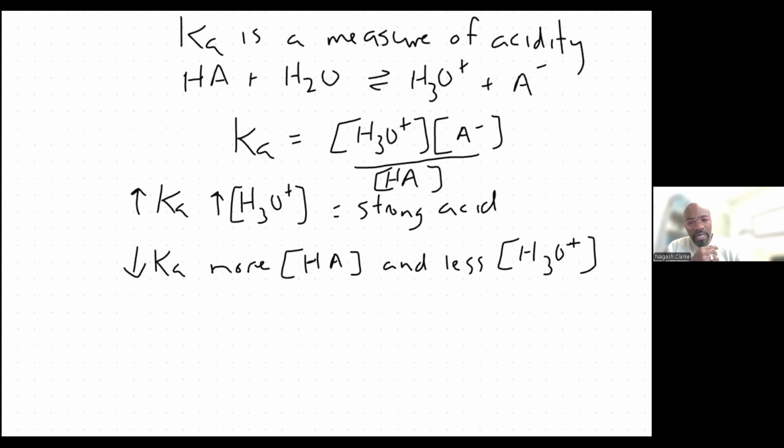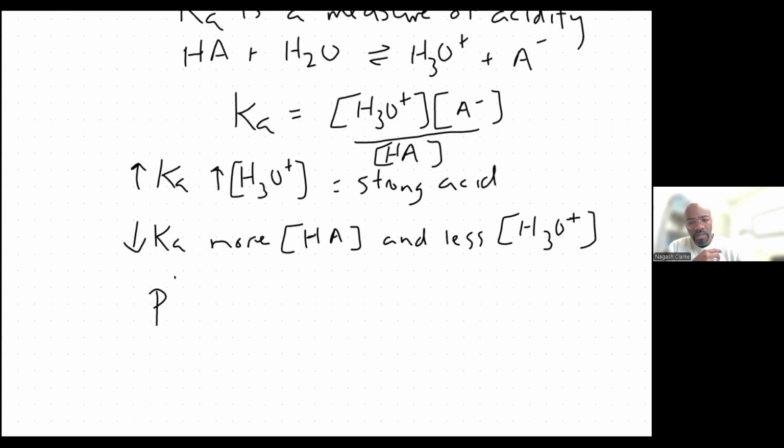So pKa is the minus log of the Ka. So it gives us some numbers to work with. Because with Ka, sometimes you have like 1 times 10 to the minus 7 or minus 8, and nobody wants to deal with those values. So pKa gives us numbers like minus 9 to 60, right?